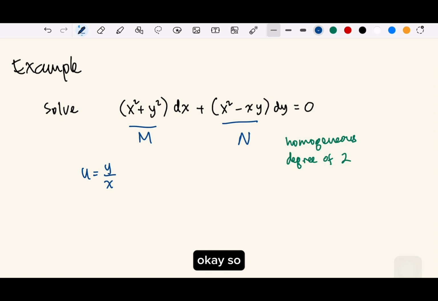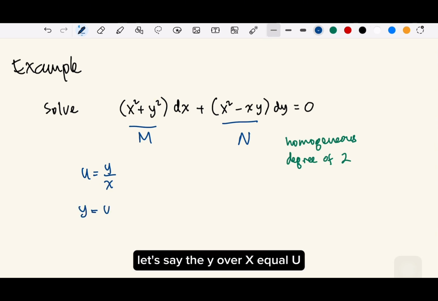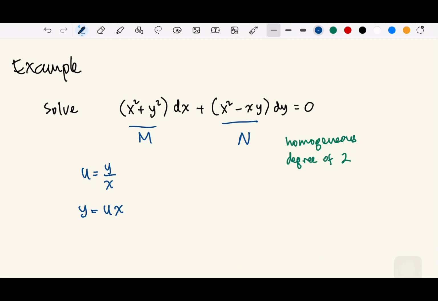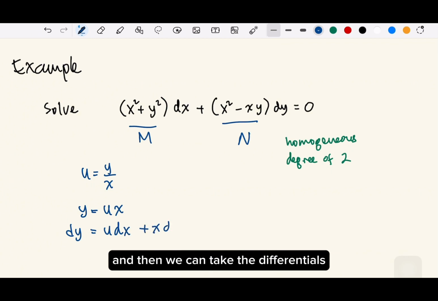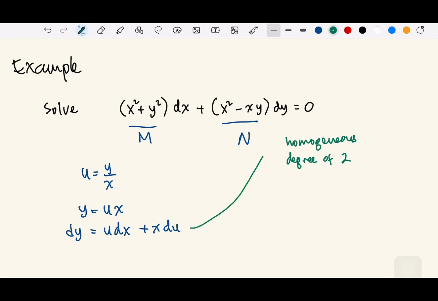Okay, so we could take, let's say, y over x equal u as our substitution. So we can write y equal ux, and then we can take the differentials, and then later we can substitute them into our forms, the dy, okay?